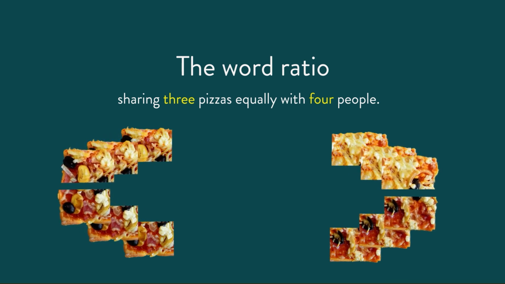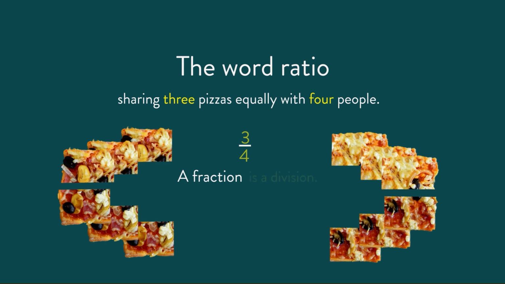What we have done mathematically is to divide 3, the total number of pizzas, by 4, the number of people. Removing the dots of the common division symbol and replacing them with the numbers we get the fraction 3/4. Each person gets 3/4 of a pizza.